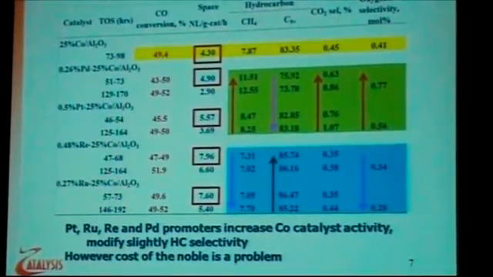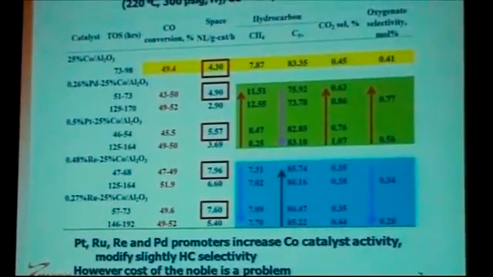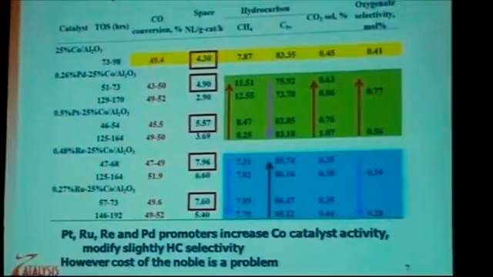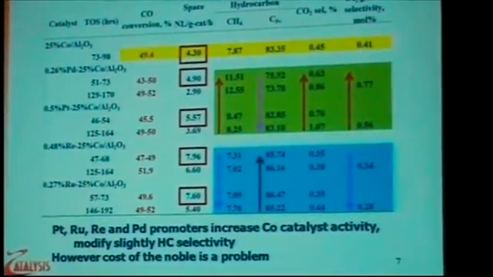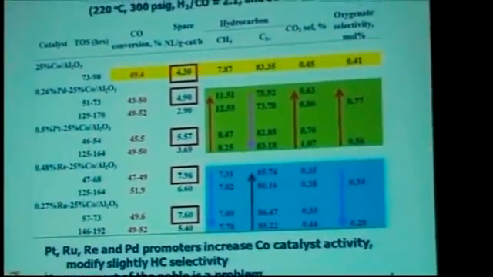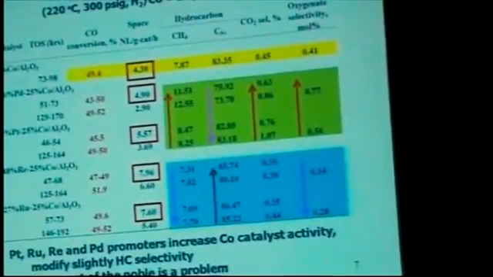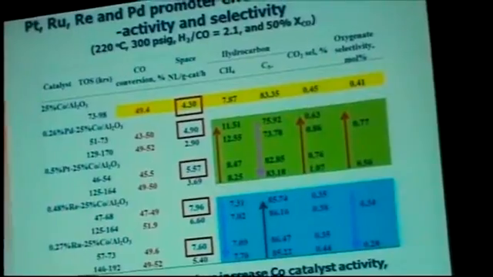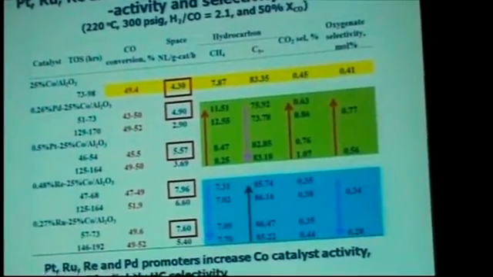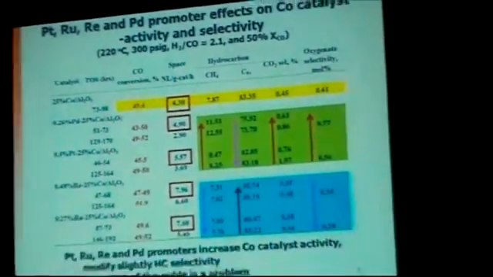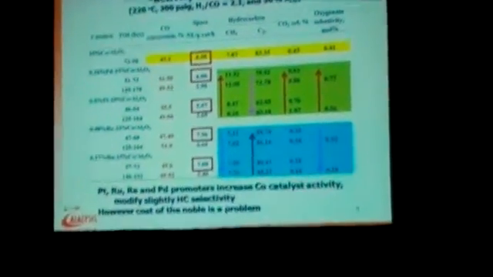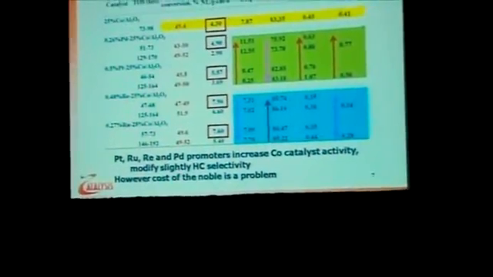What's interesting here is that to reach 50% CO conversion, the space velocity used for the unpromoted catalyst is only 4.3, but it increased to 5 to 8 with the promoters, which means noble metal promoters significantly improve the catalyst activities.